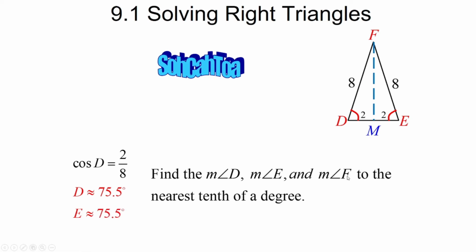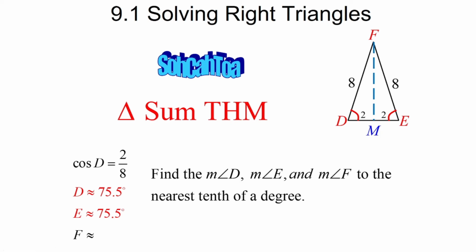And now we have angle F, which is the vertex angle of this triangle up here. Now, go back to geometry one more time. Do you guys remember the triangle sum theorem? Angle F. Well, what do the 3 angles of any triangle have to add up to? And I'm talking about this entire isosceles triangle now, all right? The 3 angles have to add up to 180 degrees.